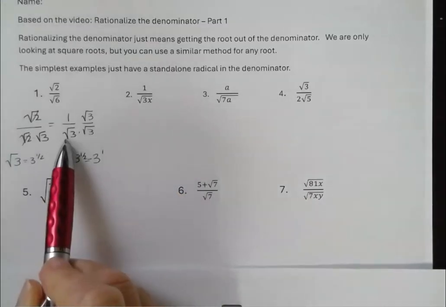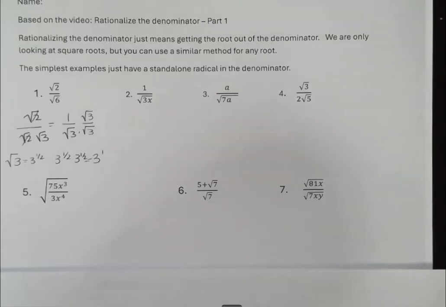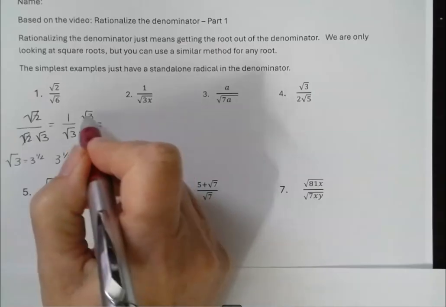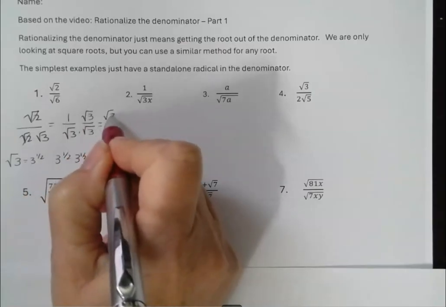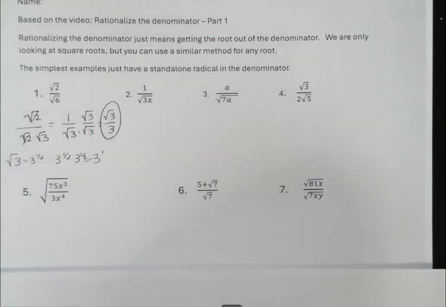So when we take a square root times itself, those two things become just 3. And then we do have on the top 1 times the square root of 3, and on the bottom just 3. And that would be rationalized because we got rid of the square root that was in the denominator.